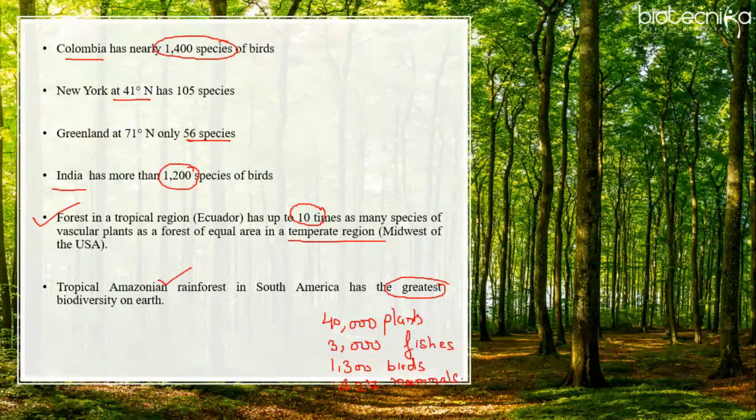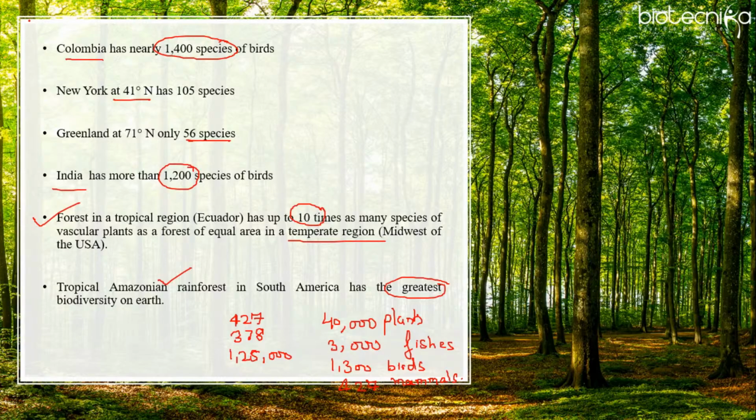Also, there are 427 of amphibians, 378 of reptiles, and more than 1,25,000 invertebrates. So scientists estimate that in these rainforests there might be at least 2 million insect species waiting to be discovered and named.